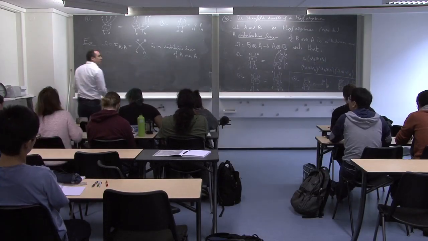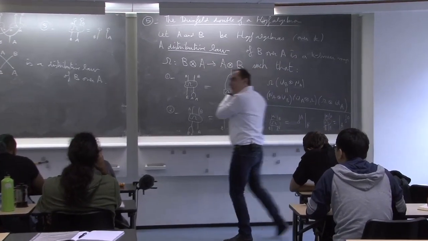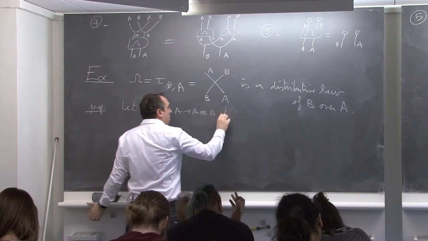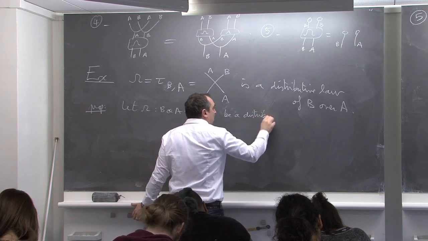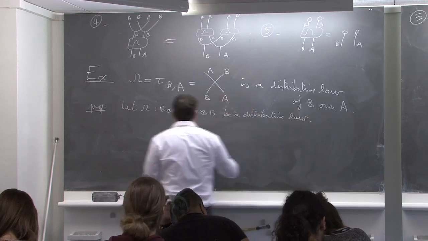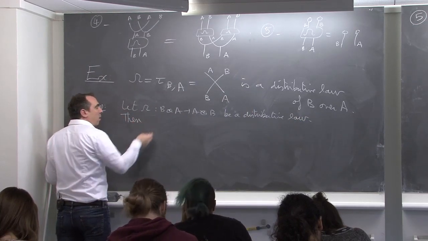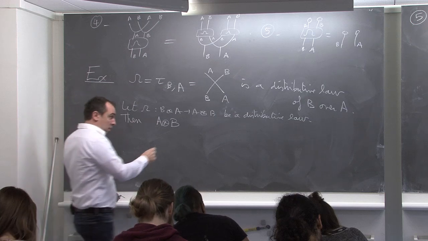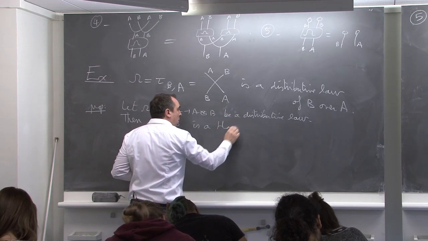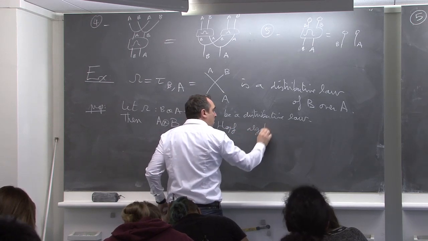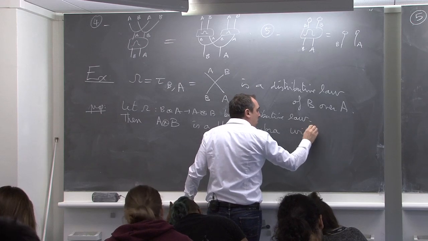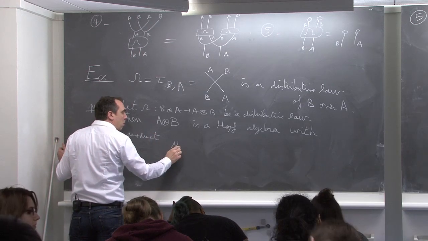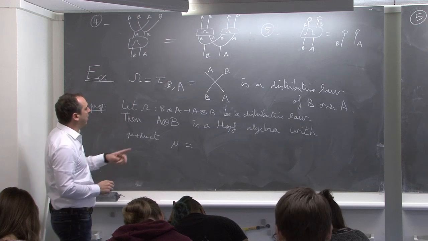Why is this interesting? Such a distributive law, then we can produce a new Hopf algebra on the tensor product of A and B, with product mu defined like this.